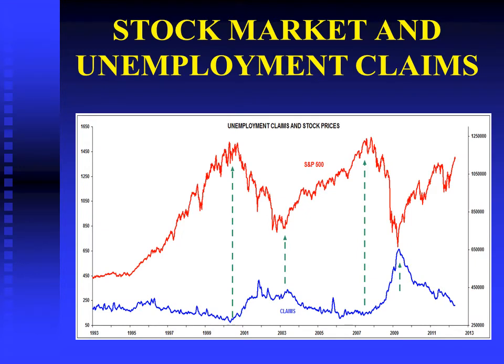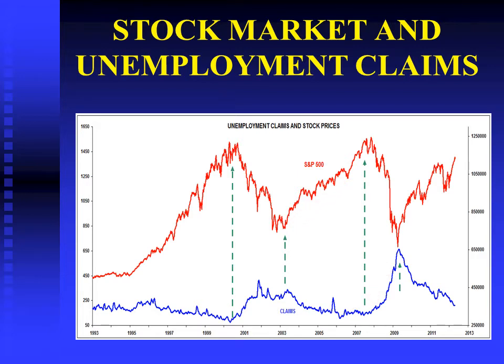What is the direction of the stock market? A simple indicator is the unemployment claims. Here the red line is the S&P 500 and the blue line is unemployment claims. This is a 4-week moving average. And again, notice how when unemployment claims decline, the stock market rises.